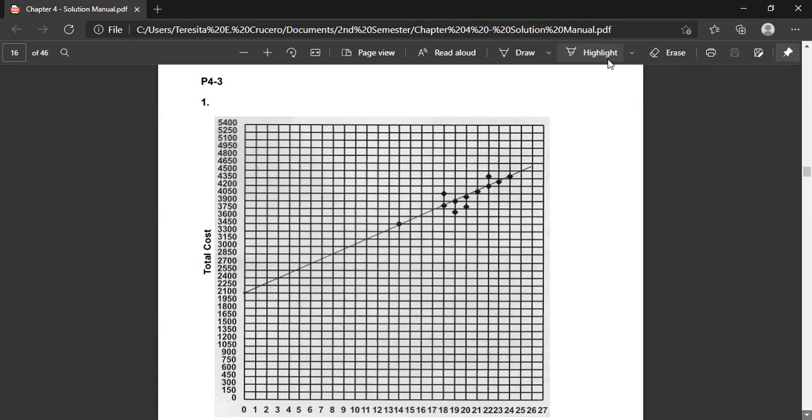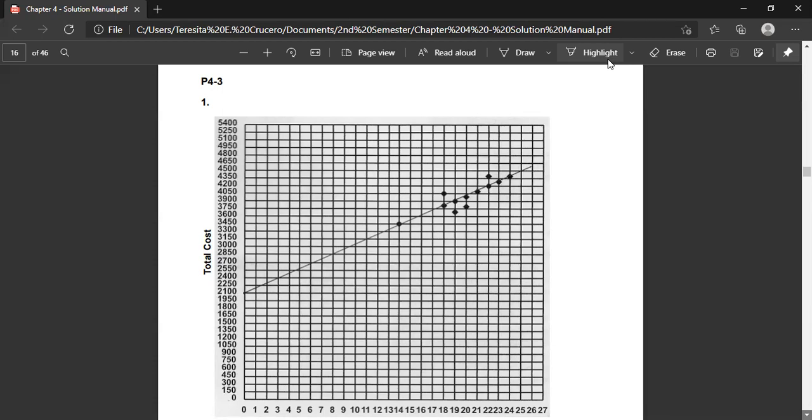Now take note that the one in October with 1,400 units, with a total cost of 3,450. Now, take note that we call this a scatter graph because the dots scatter.